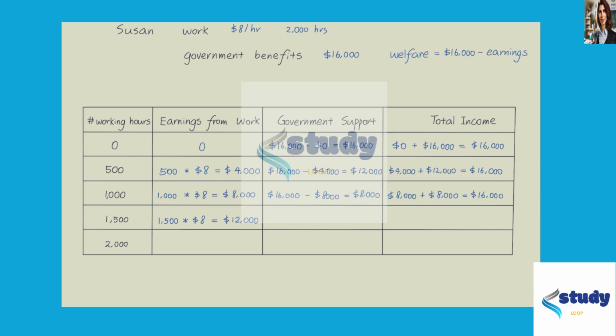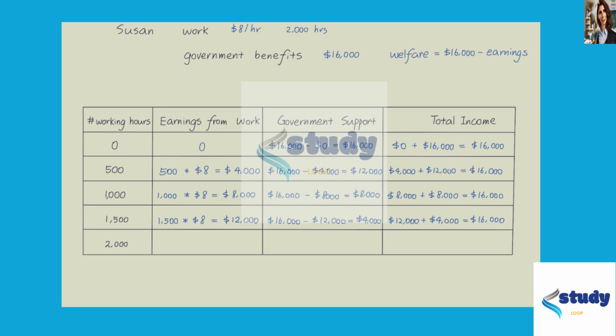And the government support will be $16,000 minus her earnings, that is $12,000, and it gives us $4,000. And her total income will be her earnings from work, that is $12,000, plus the government support, which is $4,000, and it gives us $16,000 of total income.